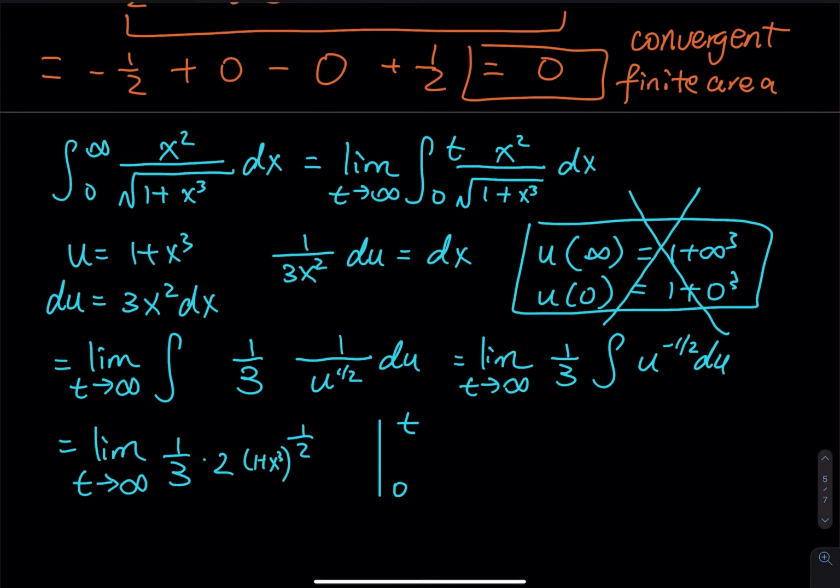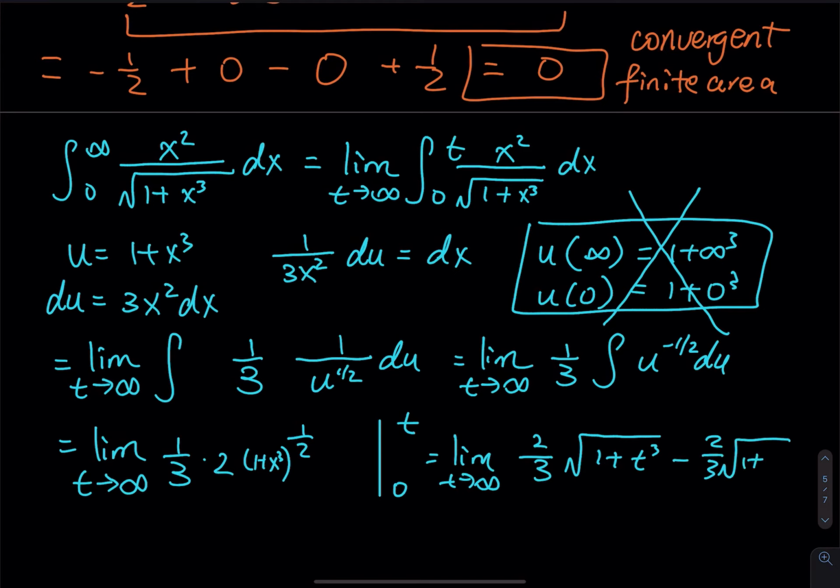Okay, and then we do the fundamental theorem of calculus. Limit as t approaches infinity, we have 2 over 3 square root of 1 plus t to the third, minus 2 over 3 square root of 1 plus 0, which is just 1.